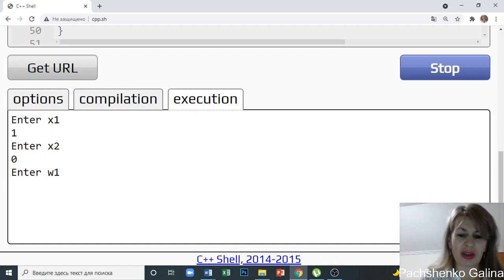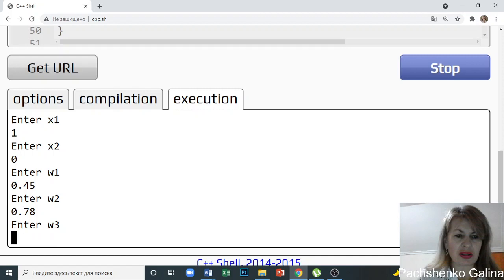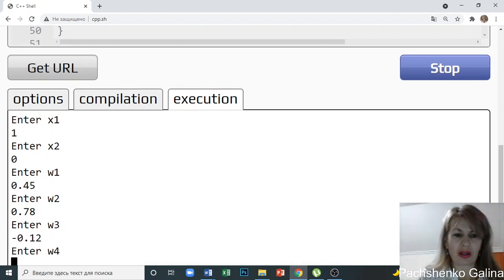w1, the first weight was 0.45, the second weight was 0.78, then the next weight minus 0.12, the next weight 0.13.